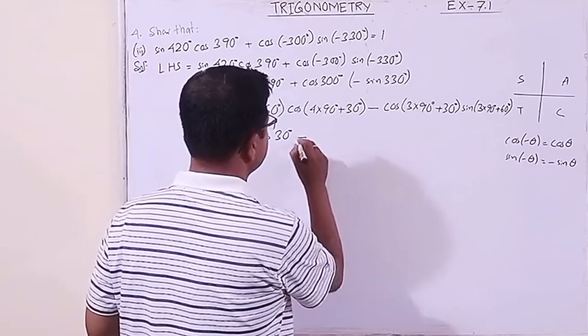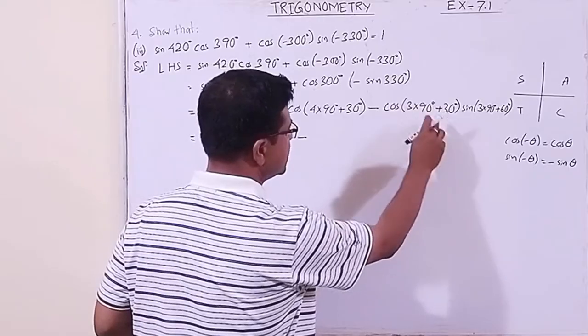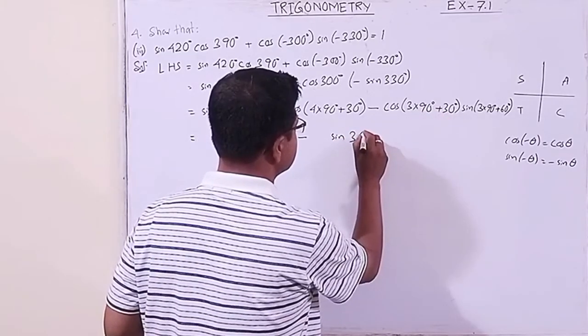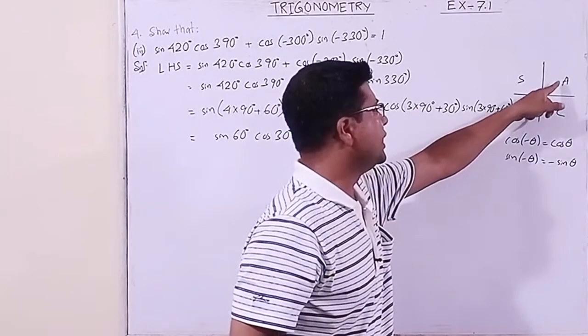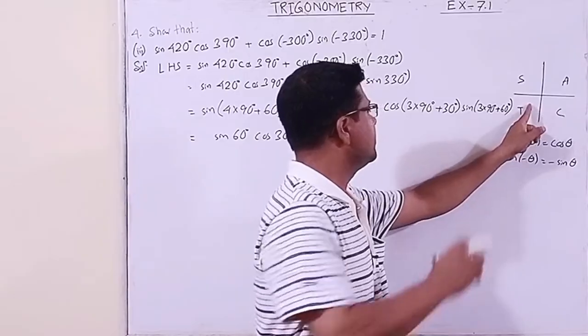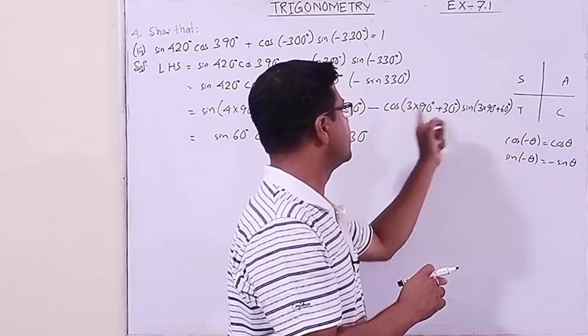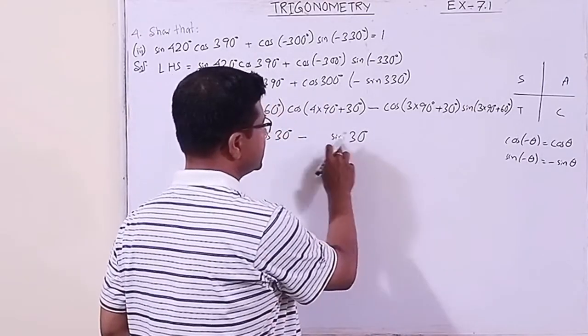Okay, then minus, it is odd multiple, so cos is going to change to sine of what? Sine of this 30 degree. It lies in which quadrant? 90, 190, 290, 390, then plus 30, so it is in the fourth quadrant. In the fourth quadrant cos is positive, so it will remain positive here. Okay, that is plus sine 30 degree.